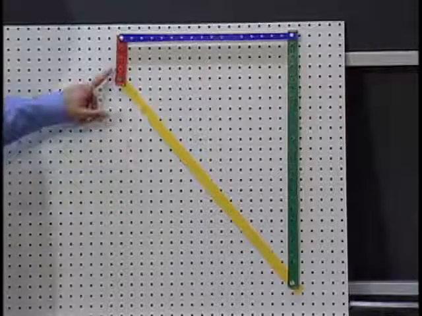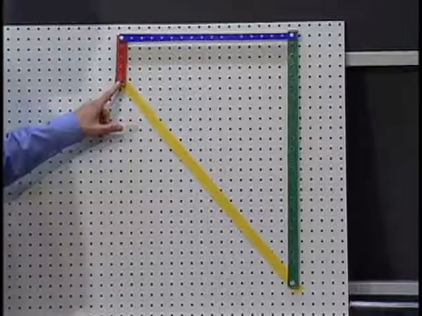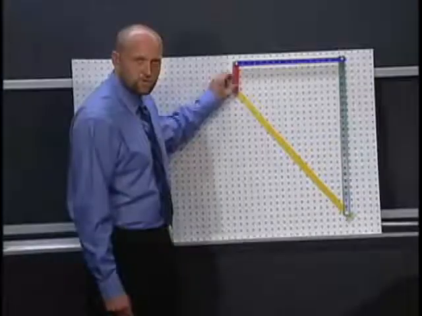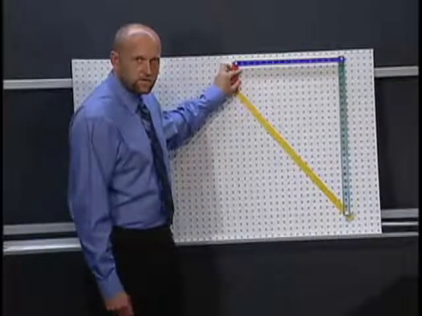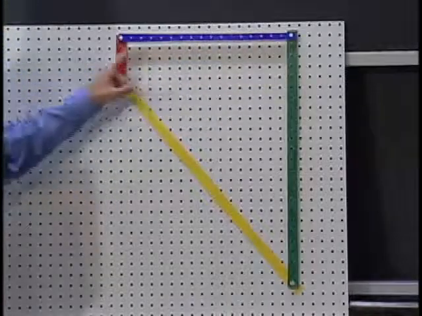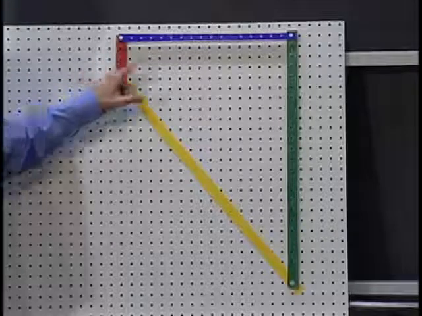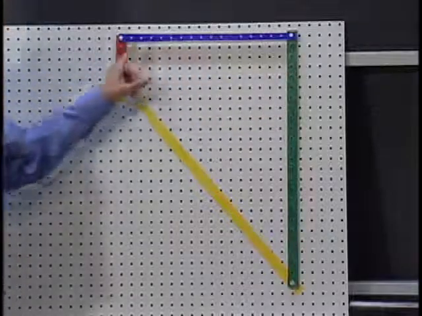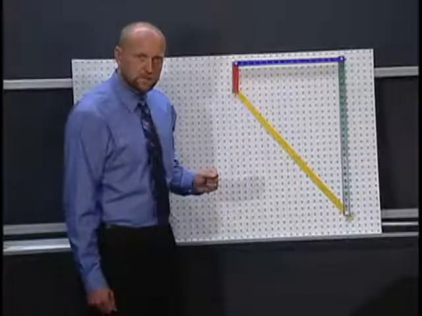Now, there are 2 other bars that are pinned to the pegboard using bolts, so they can move around in circles like this. The 4th bar is a piece of pegboard that is pinned to the ends of the other 2, the red one here and the green one here, pinned at the ends. Exactly how you make those joints is not important.